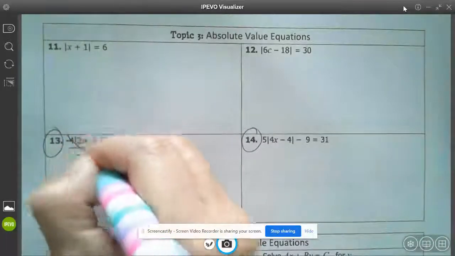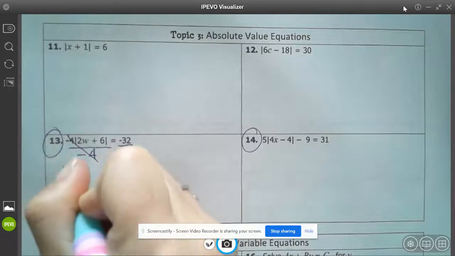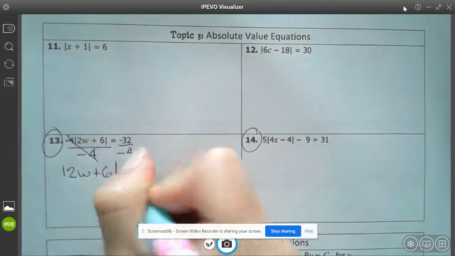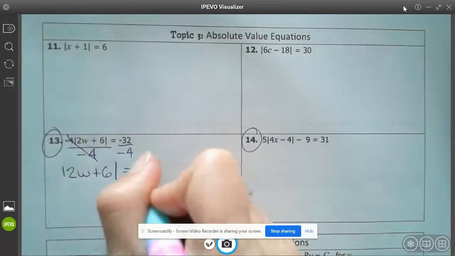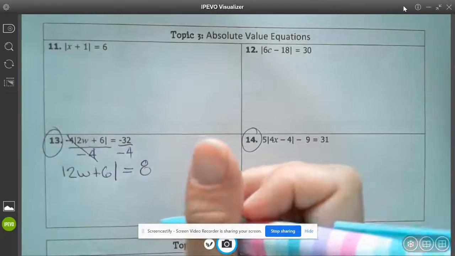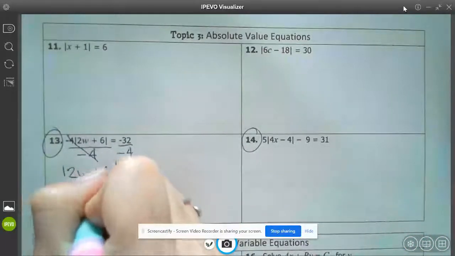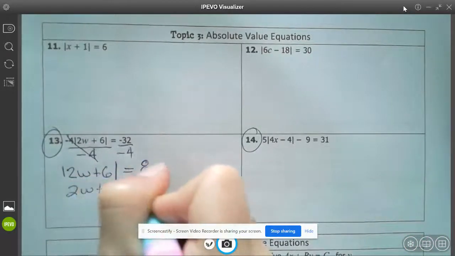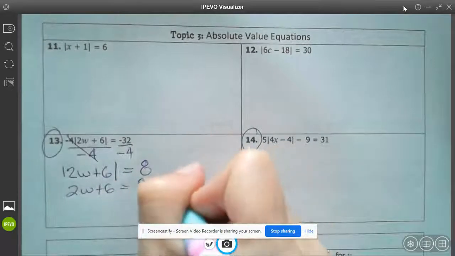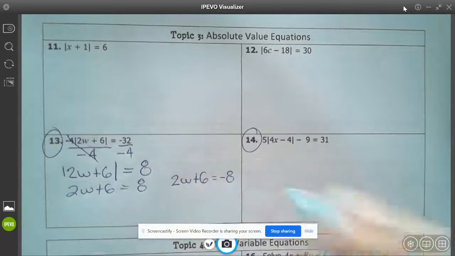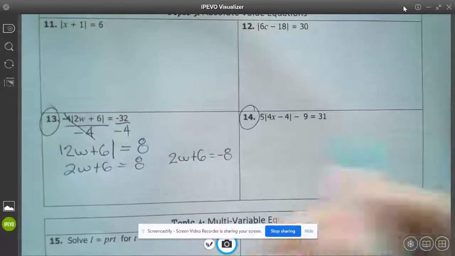So that cancels out, and I have the absolute value of 2w plus 6 equals, and then that is +8. And then once I have that, I can do my two scenarios. I have 2w plus 6 equals 8, and 2w plus 6 equals -8, and then solve for each scenario.